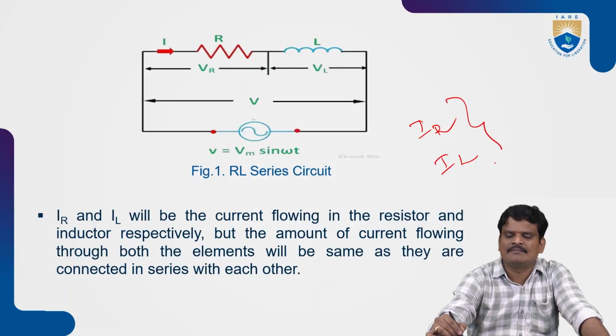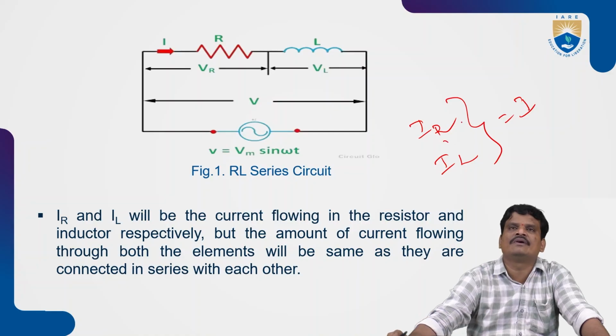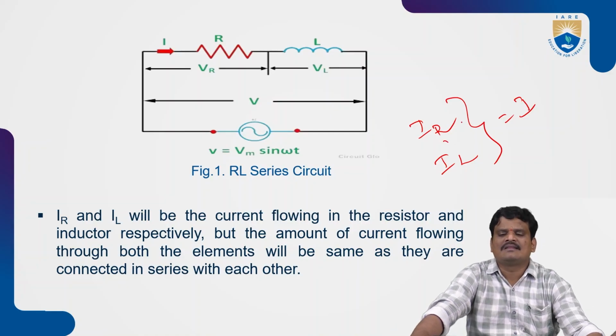will be the same. Both are equal to I, the current flowing in the circuit, because the resistor and inductor are connected in series. In a series connected circuit, the current flowing in the first element and the current coming out of the last element will be the same.